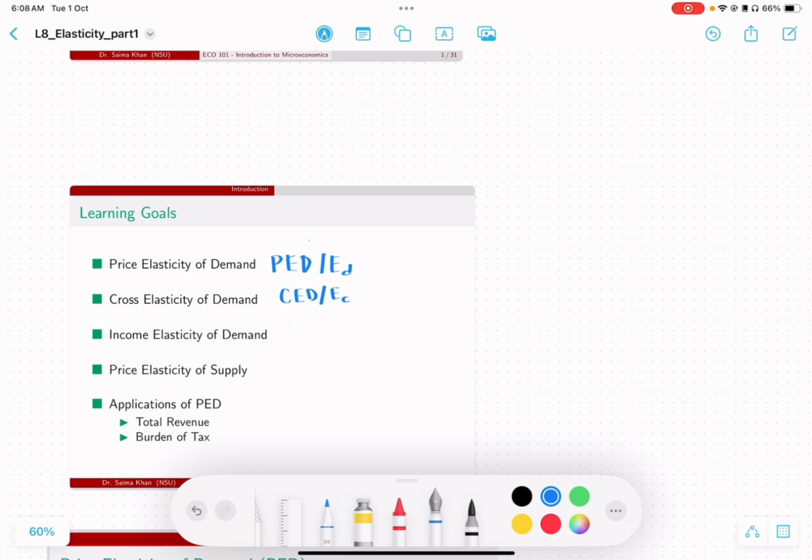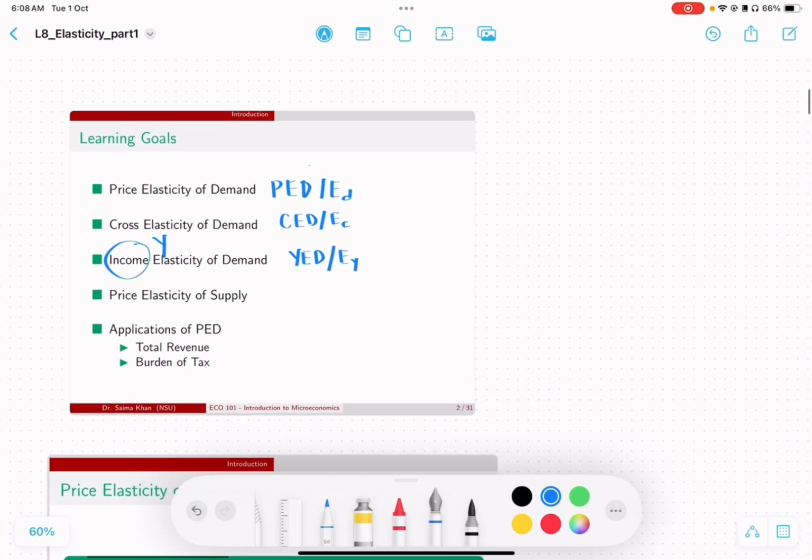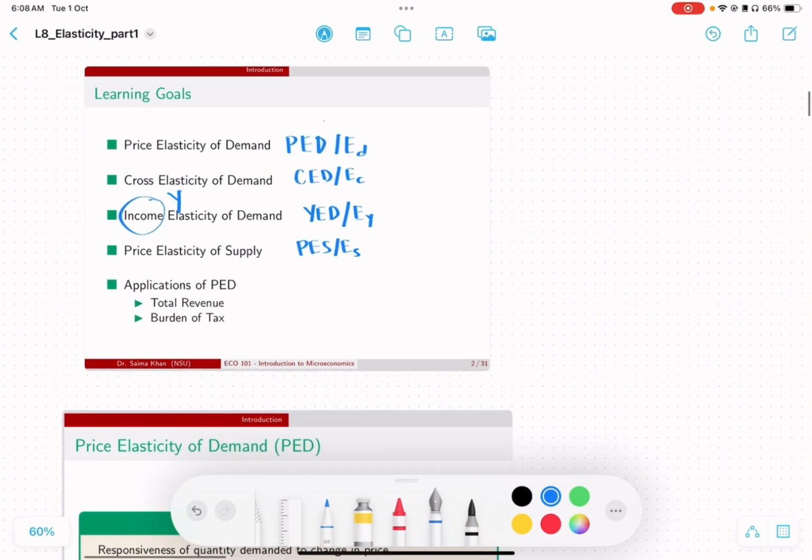And then there's income elasticity of demand, which I will refer to as YED or EY. Remember that in economics, the symbol for income is Y. All right, and then we're going to come to price elasticity of supply, which is PES or ES for short. And finally, we'll learn about the applications of the price elasticity of demand, in particular, how it impacts total revenue and the burden of tax.